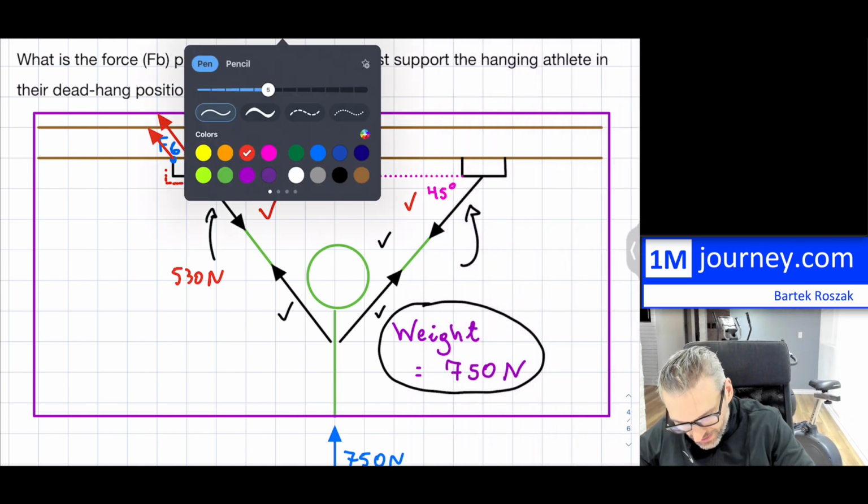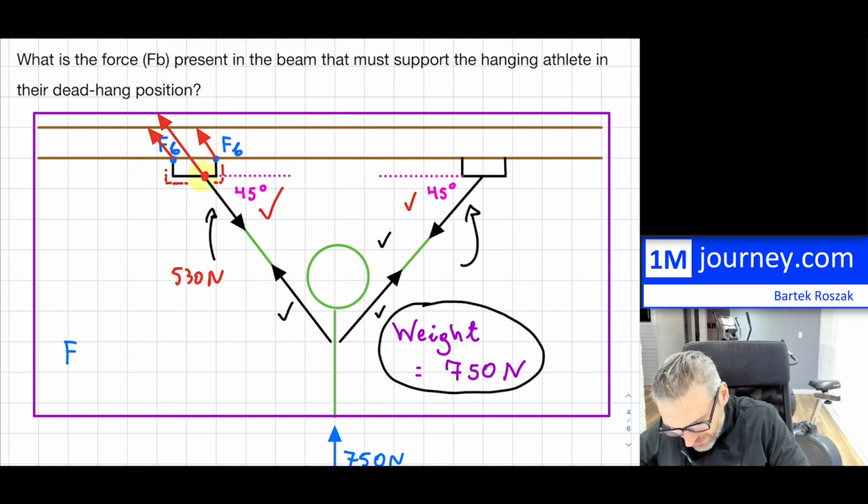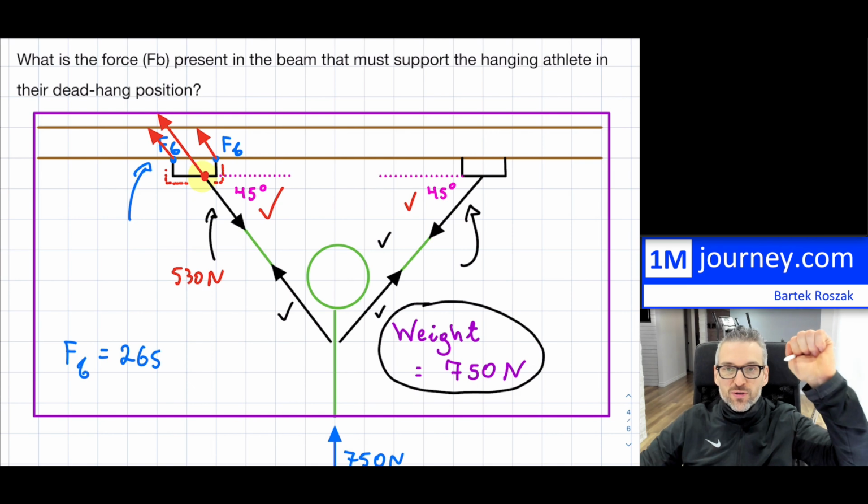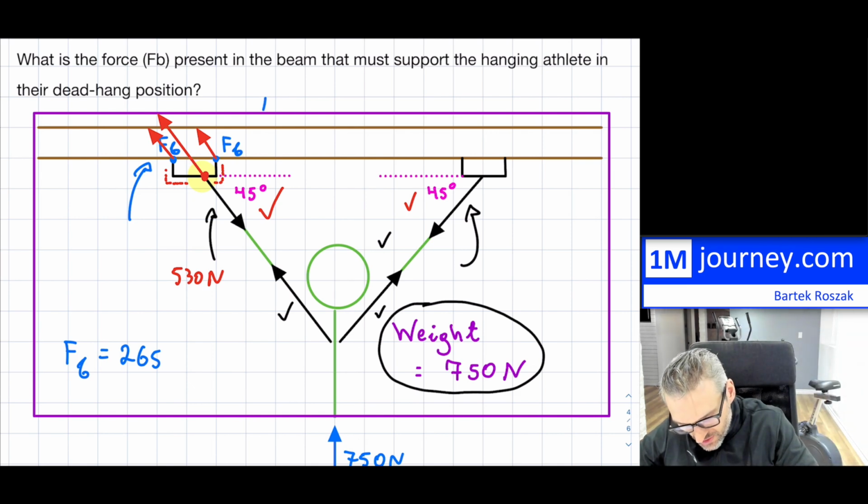So that FB is equal to 265, and you have 1 over here, and then it's split in half, right? Because of the handle which is attached on both sides. So I'm assuming that it is split in half over there, and that's what the beam is going to have to support.